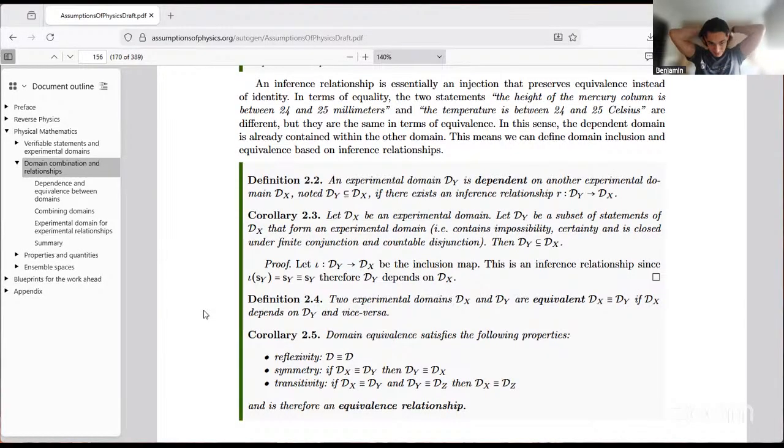Let iota be a map from d_y to d_x, namely the inclusion map. This is an inference relationship since iota of s_y equals s_y, which is equivalent to s_y, and therefore d_y depends on d_x. So that's why we use the notation subset for dependence, because really, in terms of logical statements, a dependent domain is really a subset.